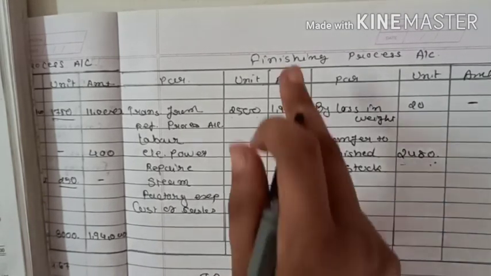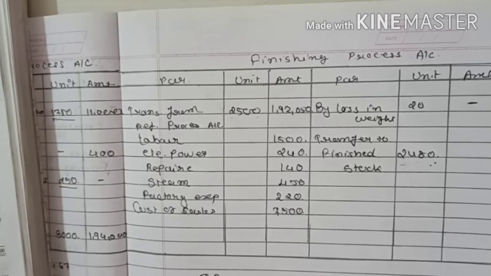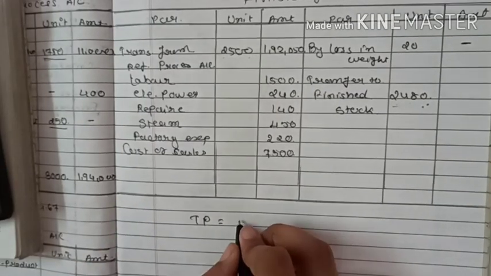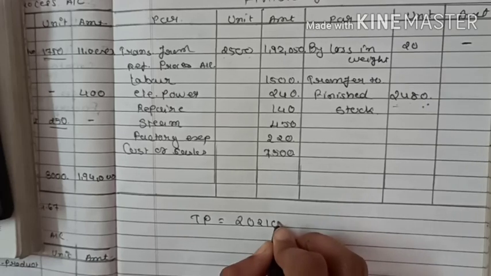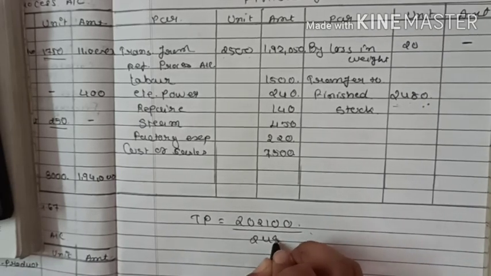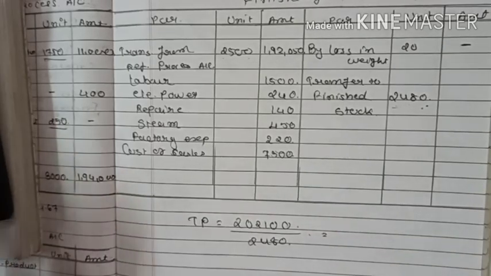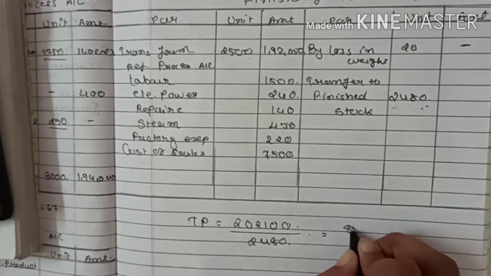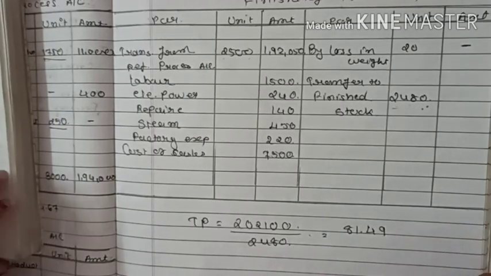Let's find out the transfer price. Transfer price is equal to total 2,20,100 upon 2,480 is equal to 81.49.